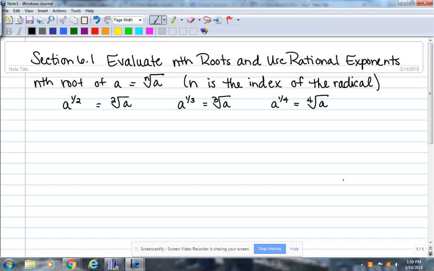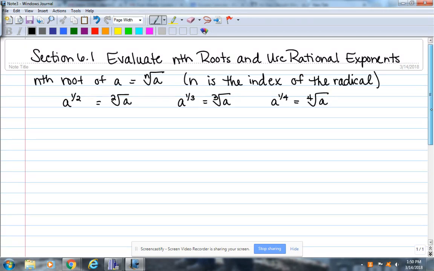And I don't have this one written down, but what do you think a 1/5 power would be? It'd be a fifth root. Fifth root, yeah. So if it's like 1 over a number, like this is a square root, this is a cube root, that's a fourth root, and on and on. So 1 over the number is whatever that root is. The denominator of the fraction is the index.